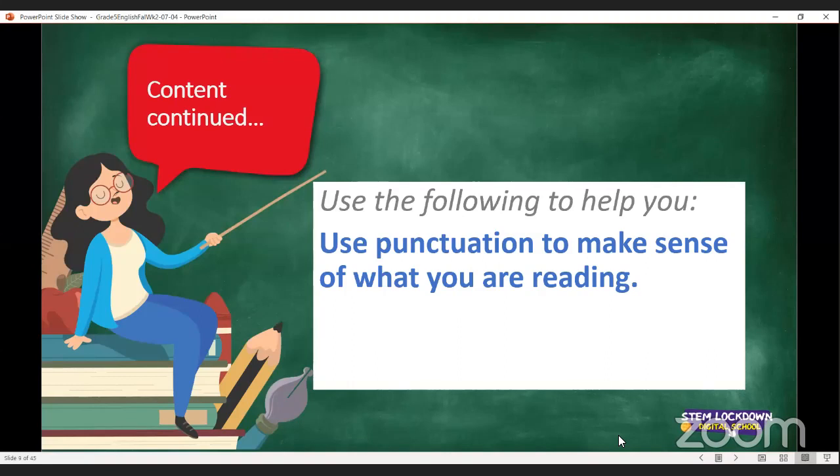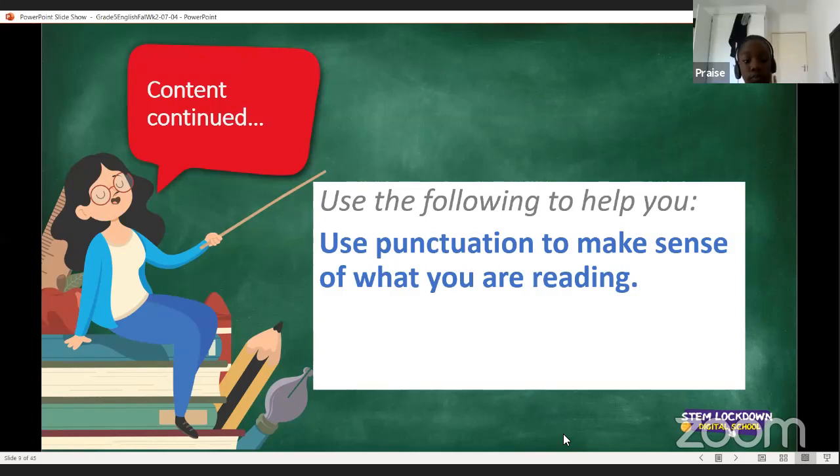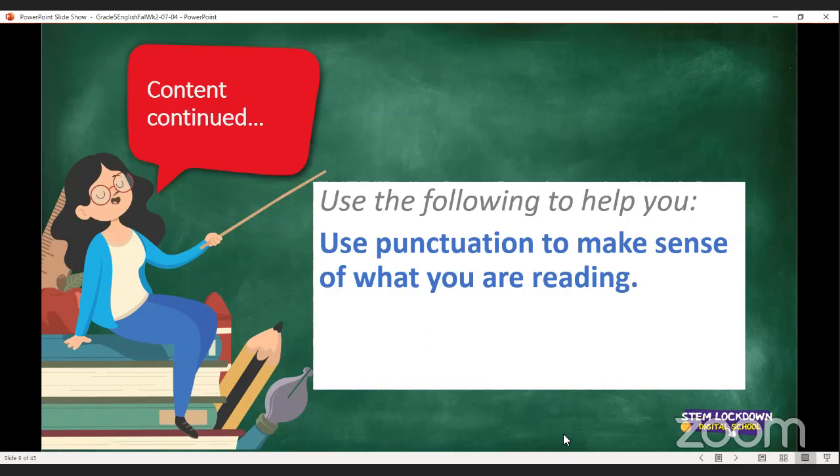The next thing a person can do, we can use punctuation to understand what we are reading. Okay. Who knows, before I show you guys, who knows what punctuation is? I'd like a few people to give me a few examples so that everybody kind of gets a turn if it's possible.